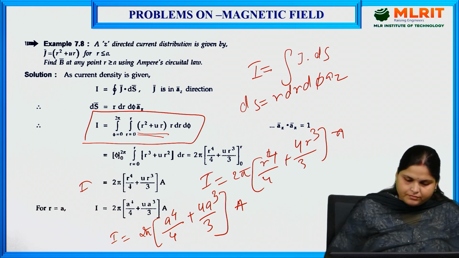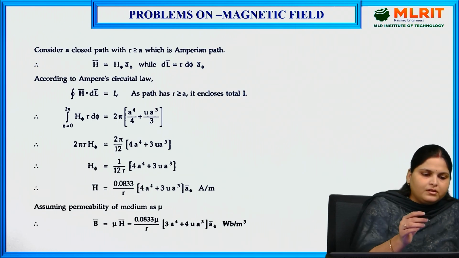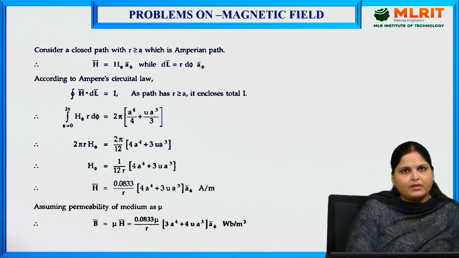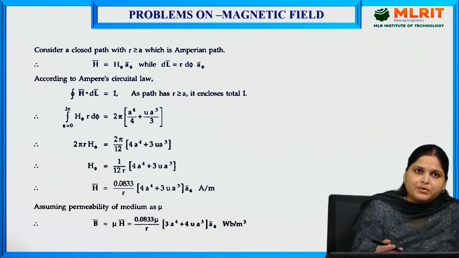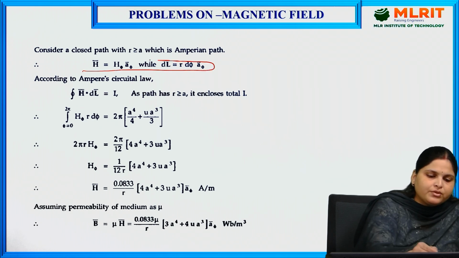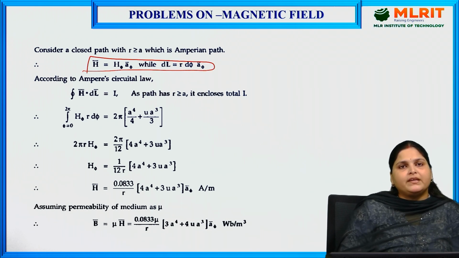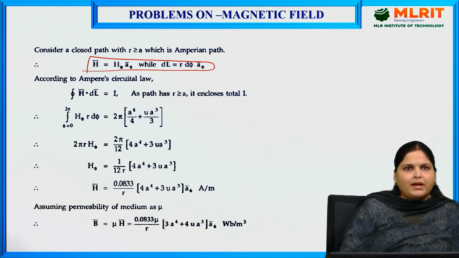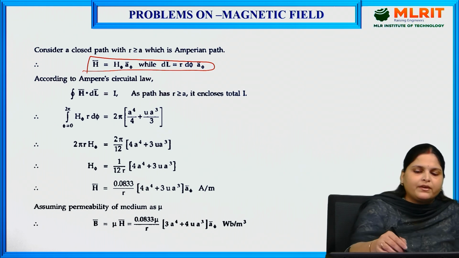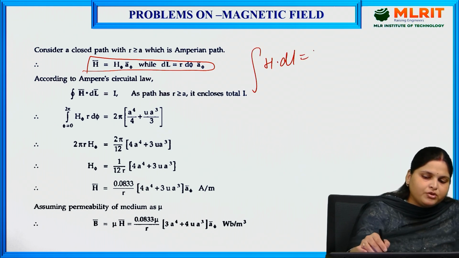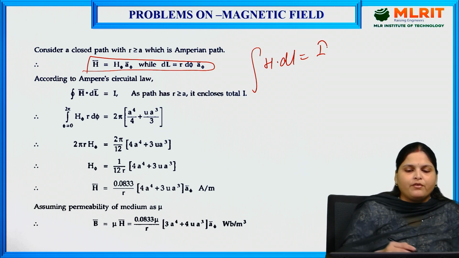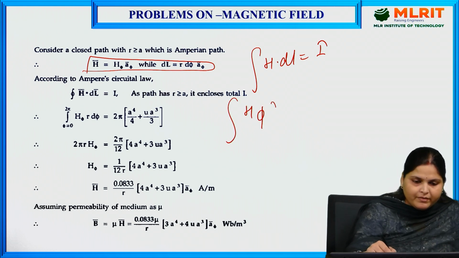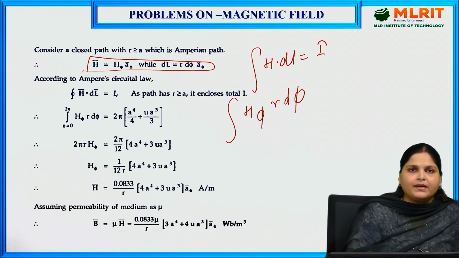Now we will consider a closed Amperian path with r greater than or equal to a, and here we write H equals H phi a phi, where dl equals r d phi a phi. Now we apply Ampere's circuital law, the integration of H dot dl equals I, where H is H phi, and in place of dl we write r d phi.